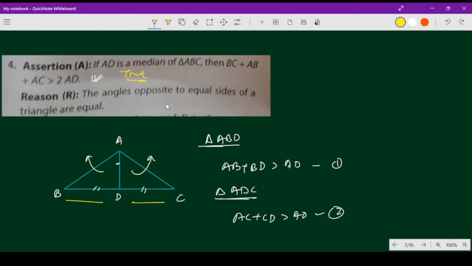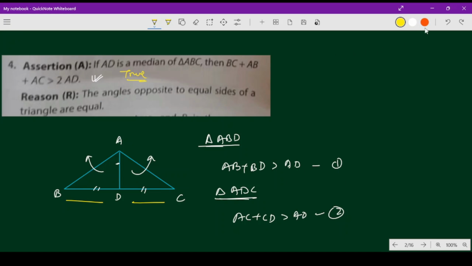The angles opposite to equal sides of a triangle are equal. This is the obvious result, as we know the angle opposite to the bigger side is bigger. If the sides are equal, then obviously the angles opposite to them will also be equal.